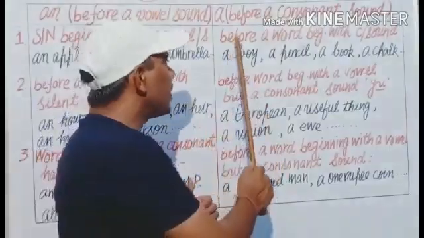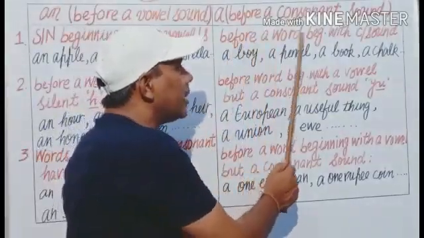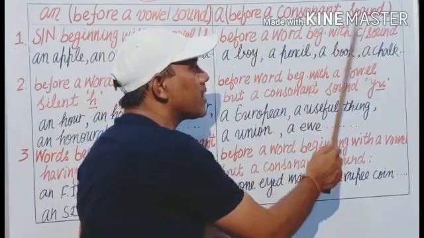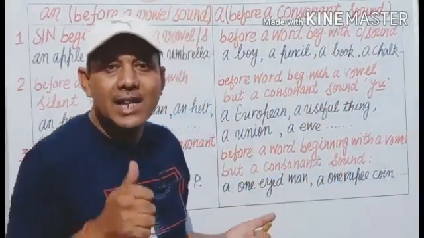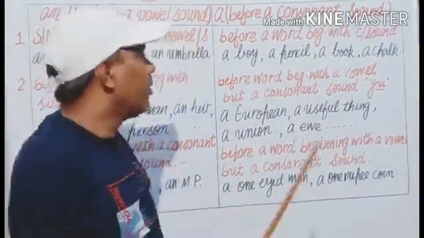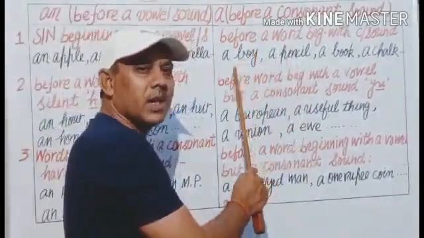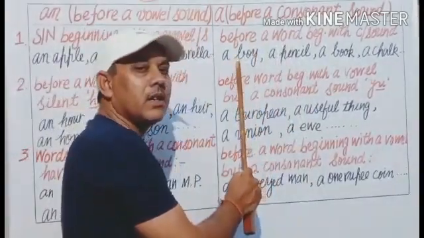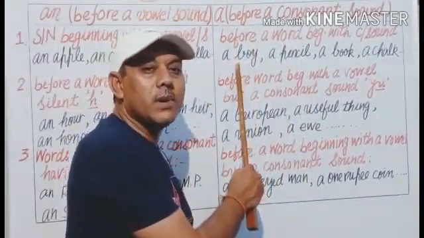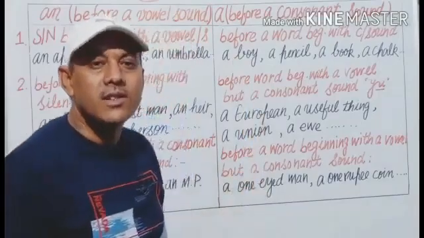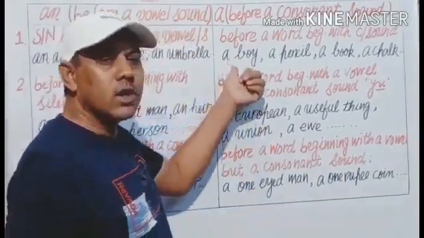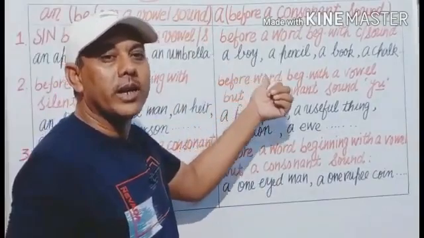For example, first of all, before a word beginning with a consonant sound as well as a consonant letter. For example, boy, it begins with letter B and it produces a sound B, which is a consonant sound. That's why we use a before boy.